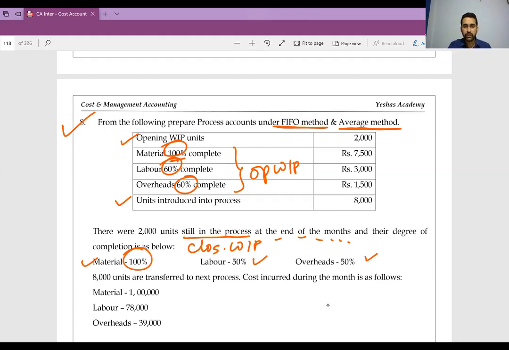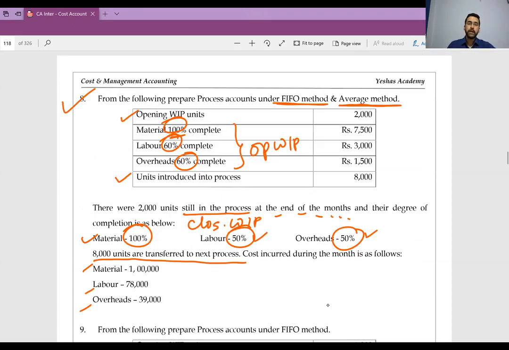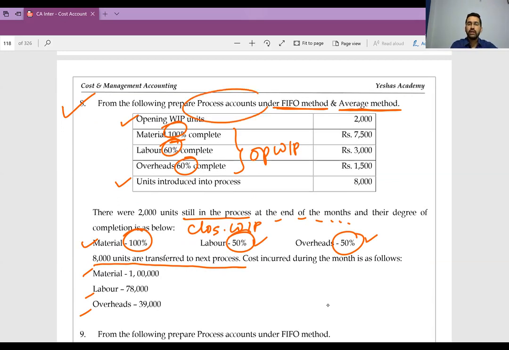This 100, 50, 50 that is here is closing work in progress degree of completion. Okay. 8,000 units are transferred to next process. Cost incurred during the month is given to you, material, labor, and overhead. What we need to do, prepare process account under first FIFO method and then under average cost method.